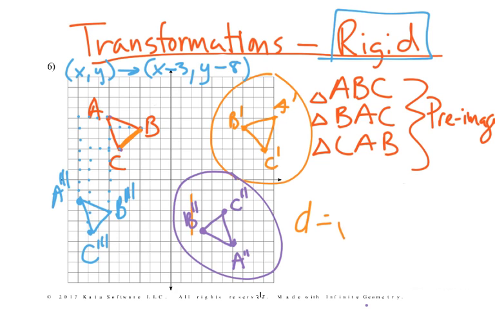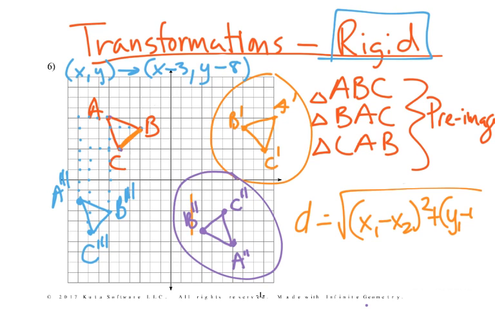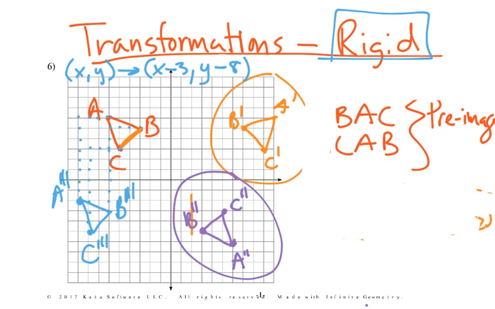Remember, distance equals square root of (x1 minus x2) squared plus (y1 minus y2) squared, and solve that out. And we could prove that every single distance is going to give us the same thing. I don't really want to take the time to do that because I don't think that's really relevant, but maybe at least for one of the sides we could hurry and do that just to show us.